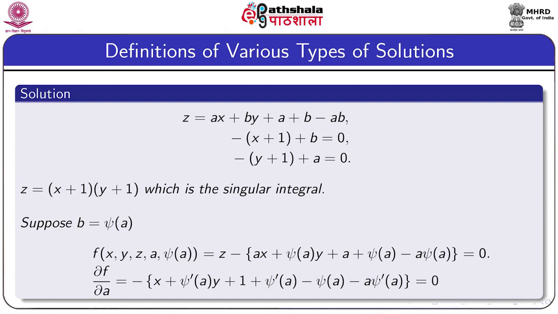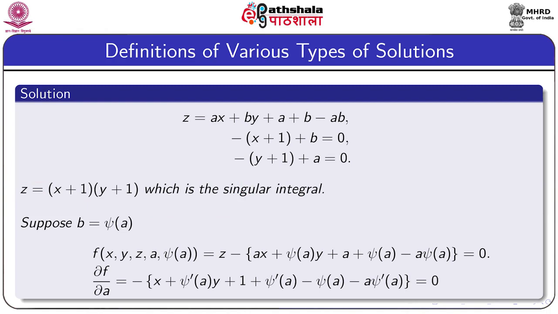The first equation corresponds to f equals 0, the second equation corresponds to del f del a equals 0, and the third equation corresponds to del f del b equals 0. From the last two equations one can obtain the values of a and b easily, and if we substitute the values of a and b in the first equation, we will get z as a function of x and y, which is written here as (x plus 1) times (y plus 1), and this solution is the singular solution of the given equation.